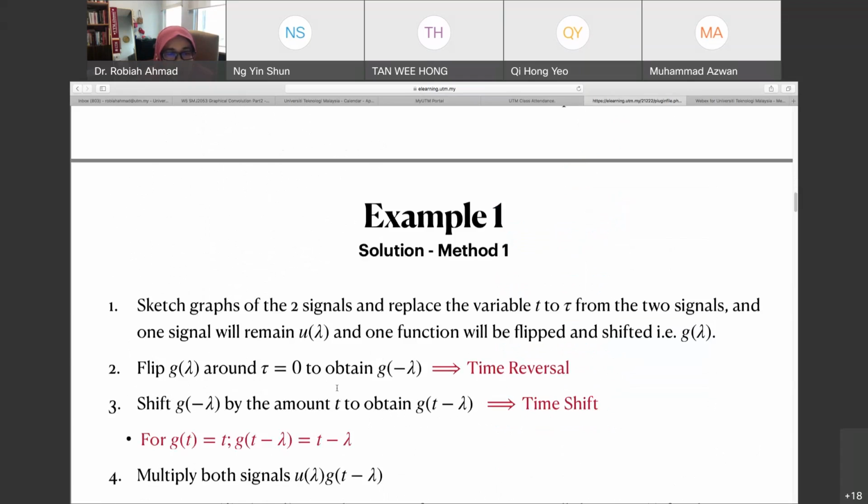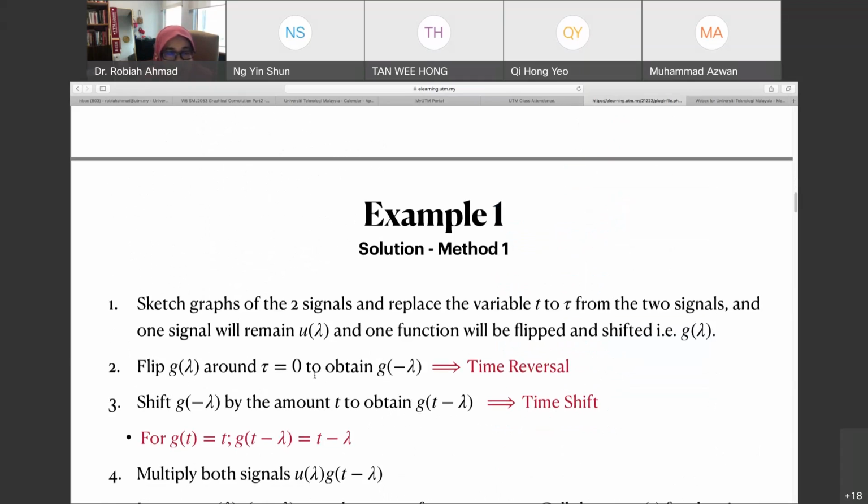Replace t with tau in the two signals, and one will remain and another one will be shifted. Let's say we choose u to remain, and the one that will be shifted and flipped will be g. This time it uses lambda, so lambda and tau are the same. In this case this is g(lambda).